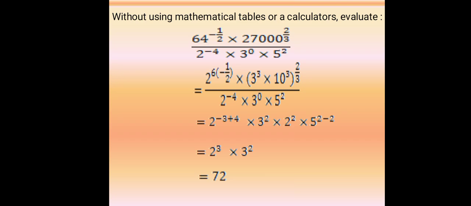The 5 goes, we shall have 5 raised to the power of 0, so it's just 1, it is meaningless here. Now if you multiply 2 cubed times 3 squared, we get 72, so our answer is 72.